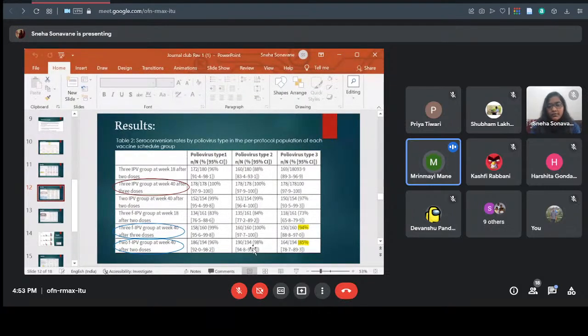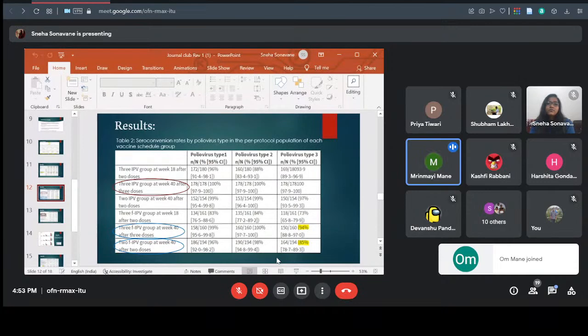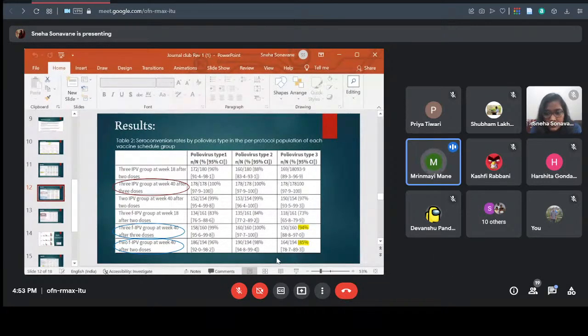Okay, so compared to the 3 IPV group after 2 dose and 2 IPV group after 2 dose, which means in the 2 IPV dose group, we administered the vaccine at 14th and 36th week of age.